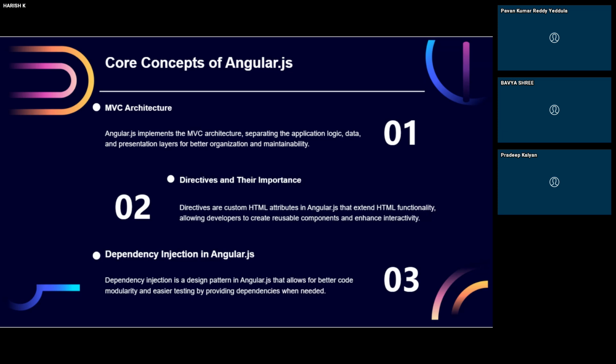They extend HTML by adding new features and attributes, allowing us to build reusable and dynamic components. Dependency injection simplifies development by managing dependencies and making our code cleaner and easier to manage. These three concepts are foundational to AngularJS and essential for developing any AngularJS applications. Then, next slide.